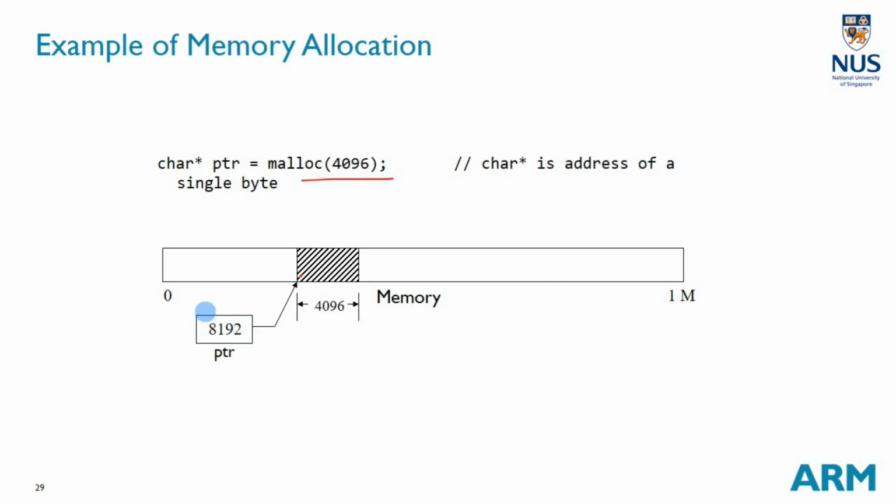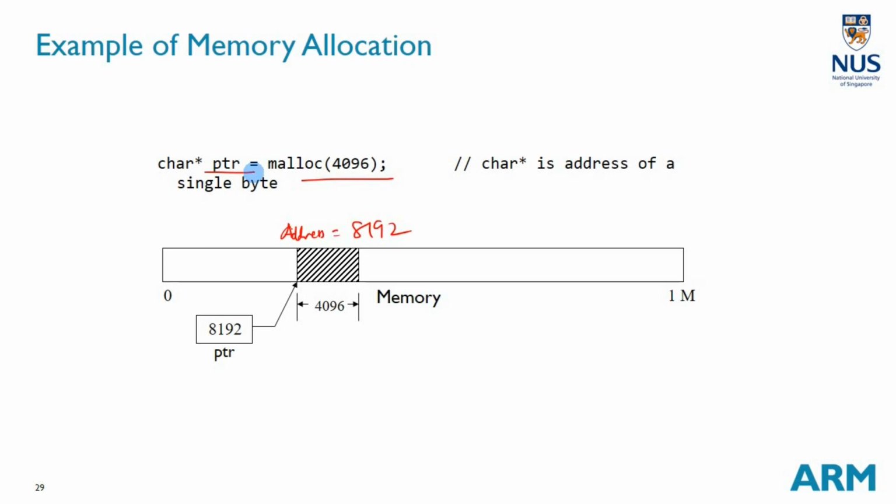So 8192 is the address, the starting address of where the 4096 bytes of memory is being reserved for this pointer variable here. So that is basically the job of malloc.